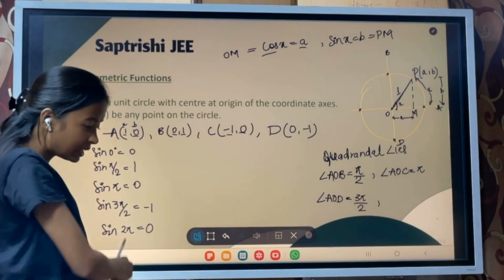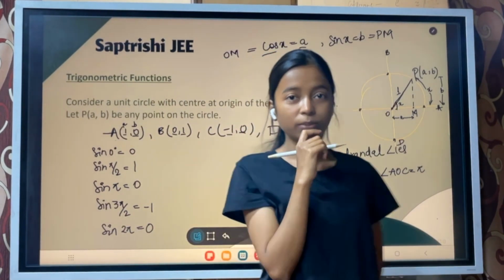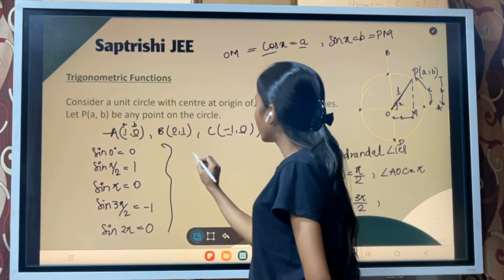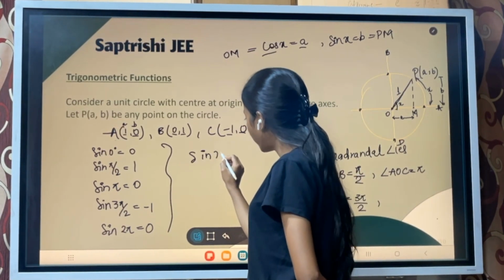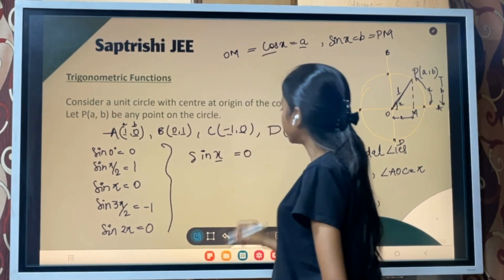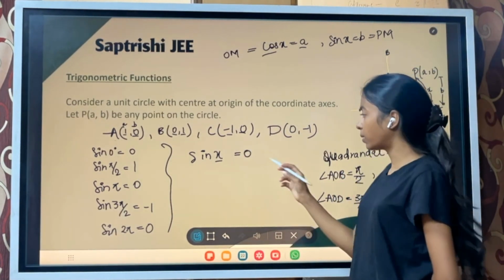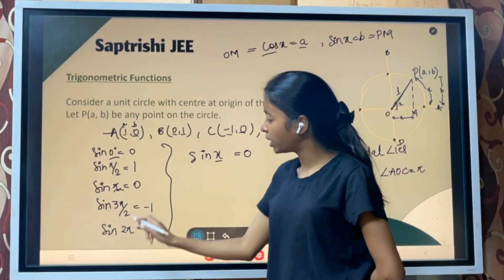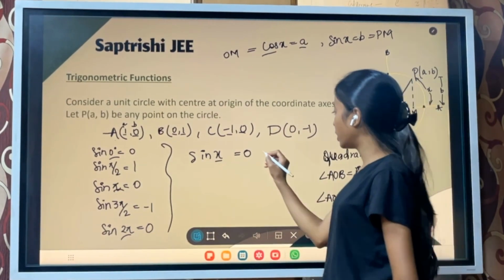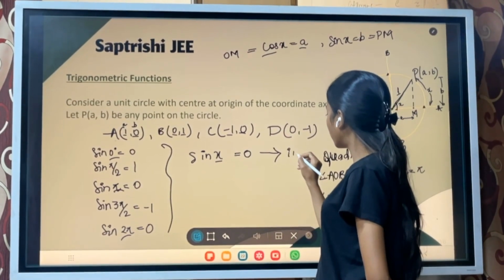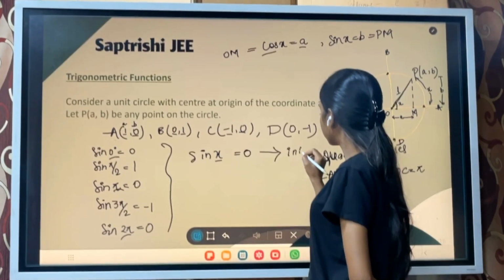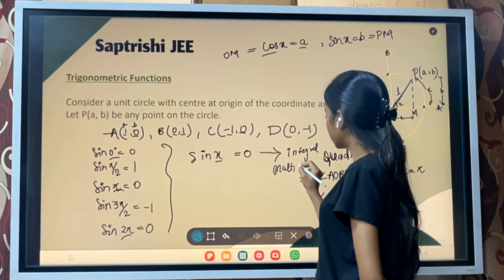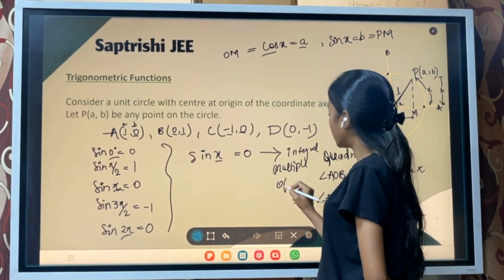Now if we analyze all these, for what value of x do we get 0? If x is 0, pi, 2 pi, then we get 0, so it is an integral multiple of pi.